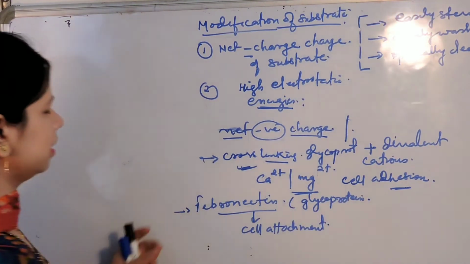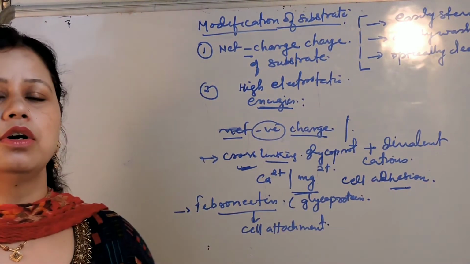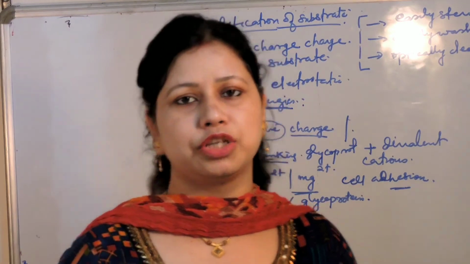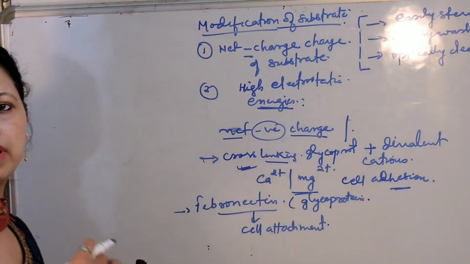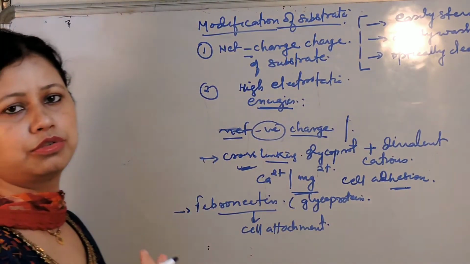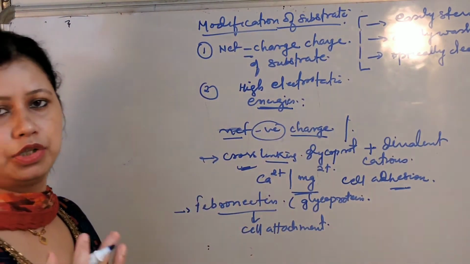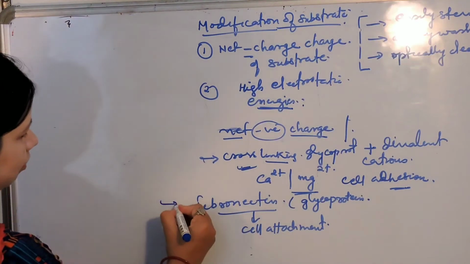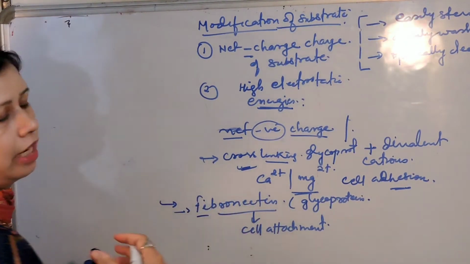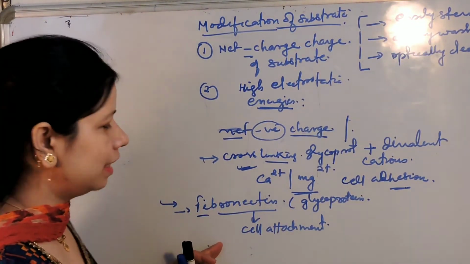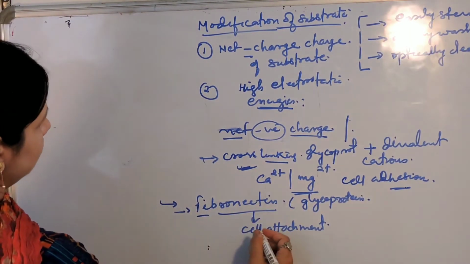Serum is used in many types of cell culture media, because serum provides various types of proteins as well as growth factors along with hormones. About this topic I will be dealing in my next video tutorial. Up to this point we have to know that fibronectin is a type of glycoprotein found in serum, and it is responsible for cell attachment.